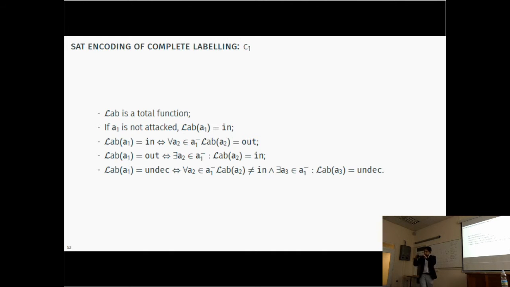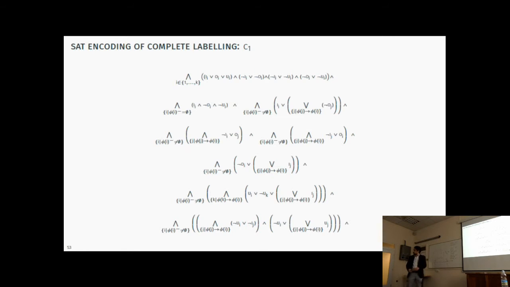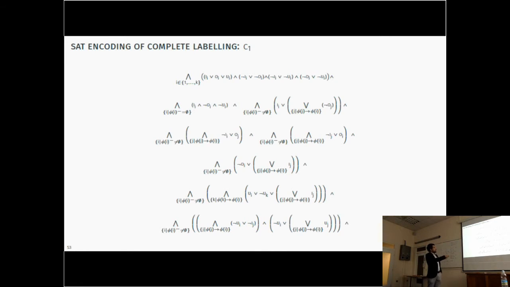You can bring this into two material implications: one from left to right, and the second from right to left. You can transform each material implication into a disjunction, and then represent it as a SAT formula. So this one says the argument is in, or all its attackers are not out. And you can go on and represent all the material implications in this way.